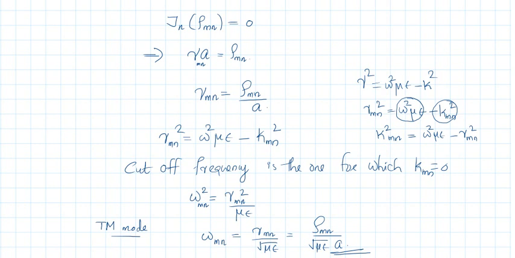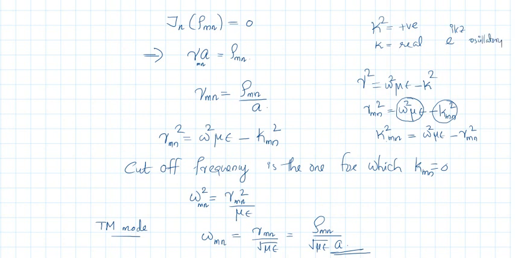Why is it called the cutoff frequency? Because if this k square is positive, that means k is a real quantity. K is real. That means e raised to ikz is oscillating, so you'll get an oscillator.